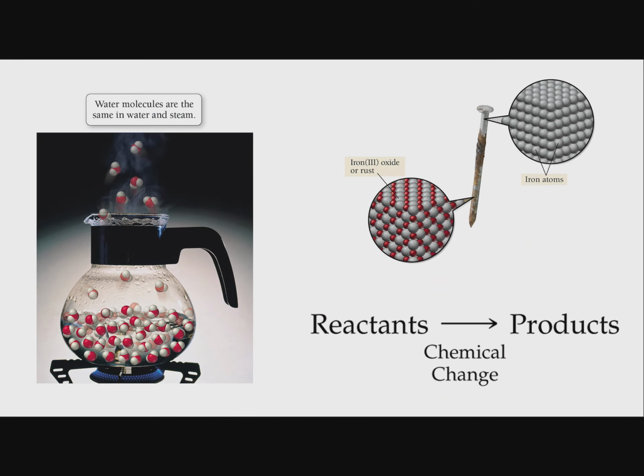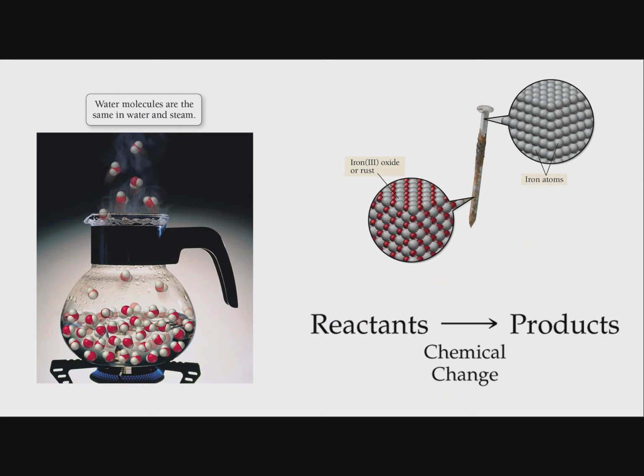Okay, let's shift gears now. We've talked about mixtures, we've talked about pure substances. Let's talk about the different kinds of properties that different kinds of matter can have. So physical properties are going to be ones that a substance can display without changing its composition.